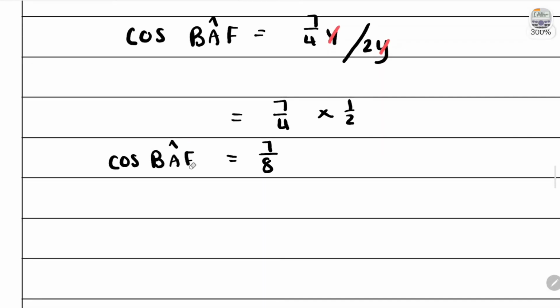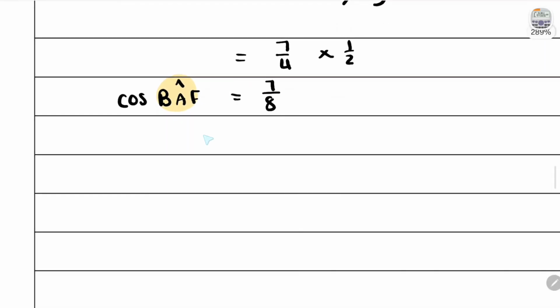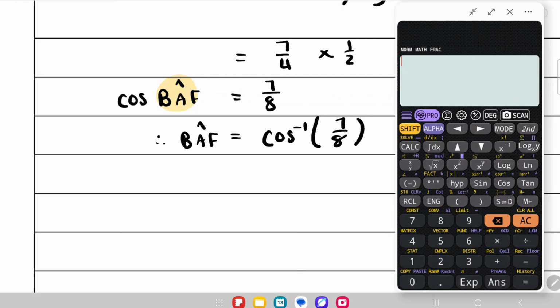So to find this angle, you see that we're going to have to get rid of cos. So we can use the second function of cos, the inverse of cos on both hand sides. So therefore, we're saying that angle BAF is equal to, and we're just going to say shift cos on our calculator of 7 over 8 and find out what that gives us.